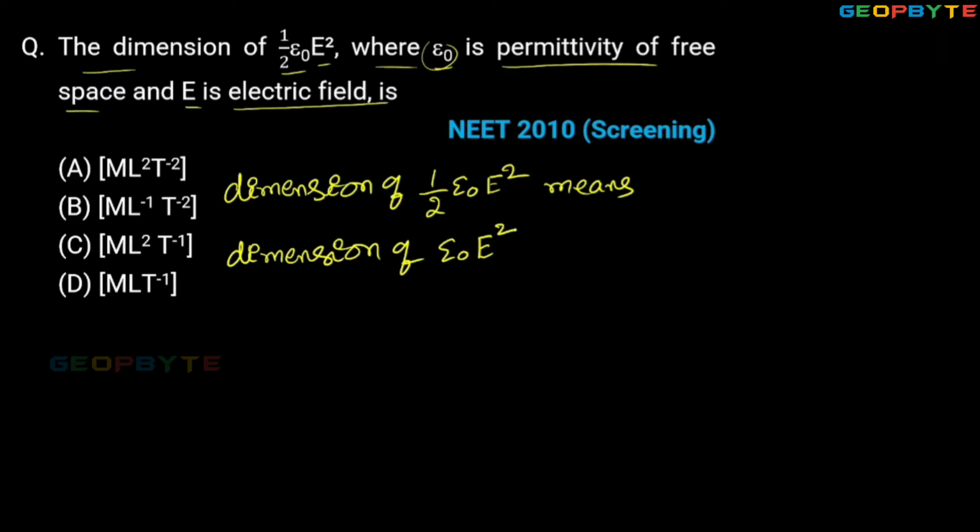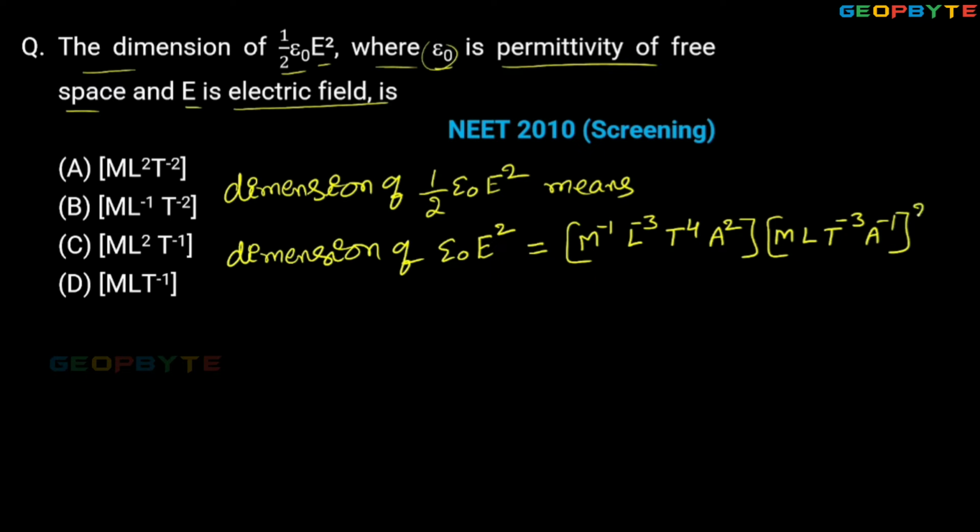Okay, it is equal to epsilon naught dimensional formula M power minus 1 L power minus 3 T power 4 A power 2, multiplied by E. The electric field E dimensional formula is M L T power minus 3 A power minus 1.